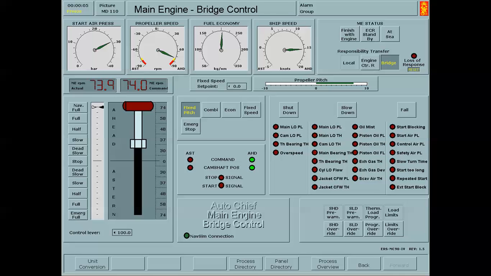Overload would be trying to run the engine at a very high rate of speed where you have poor weather and you're going against heavy winds, a heavy seaway. Your hull itself is fouled. Any of those could raise the amount of load on the engine.